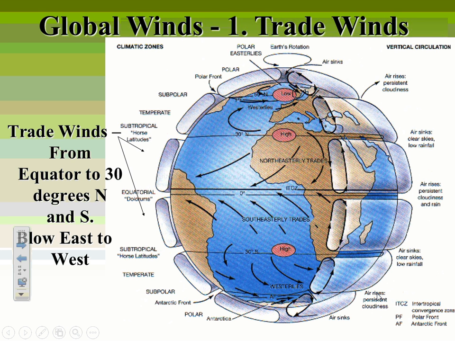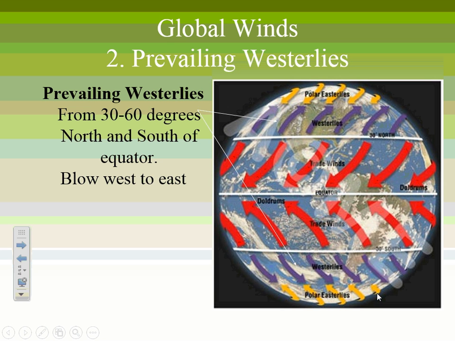In our region, we're in the prevailing westerlies. So the air is moving, say, from California to the east. So the air is moving from the west to the east. That's why they're known as the westerlies. Here they are.